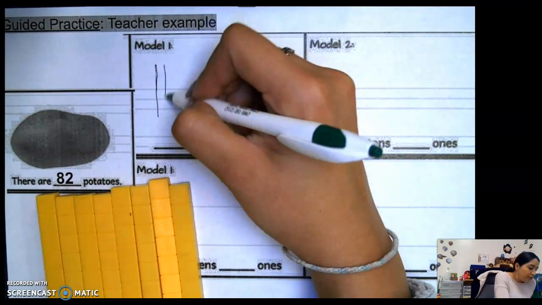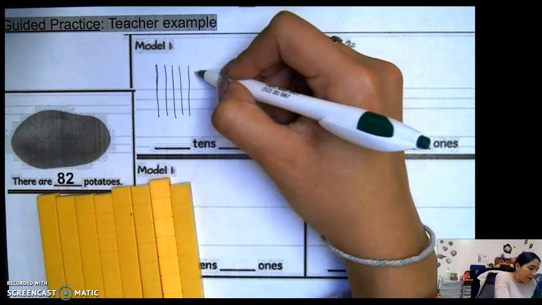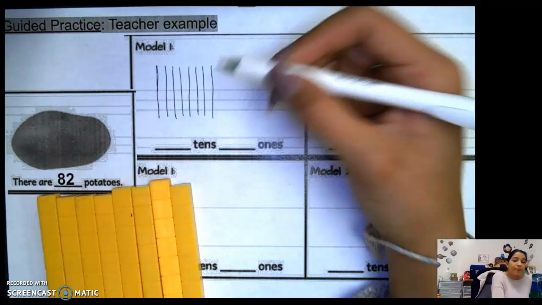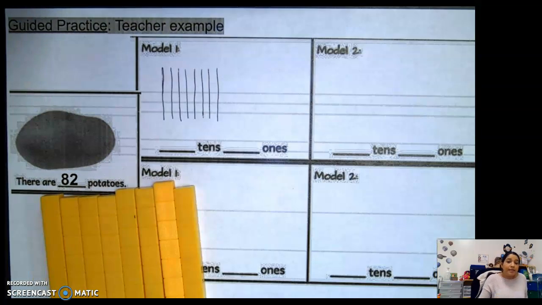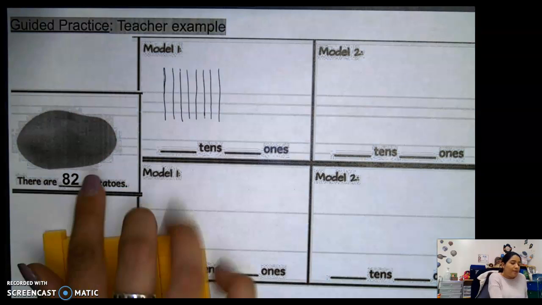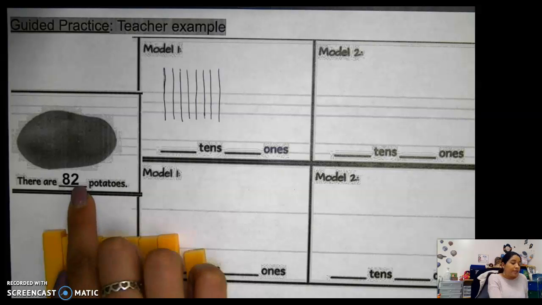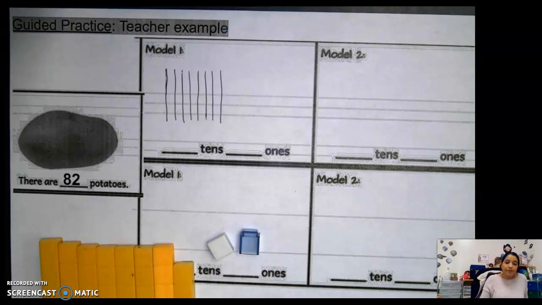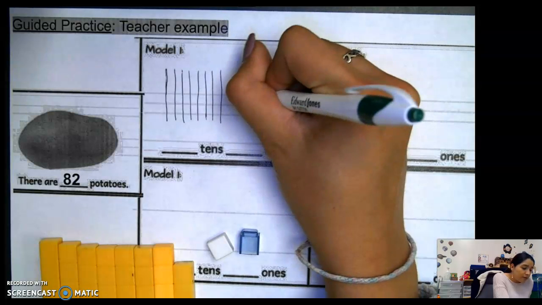1, 2, 3, 4, 5, 6, 7, 8. So I'm drawing long lines to represent tens. And then now I need my 2. This digit is in the ones place, so I can get 2 ones. 1, 2. So I'm going to draw 2 ones.